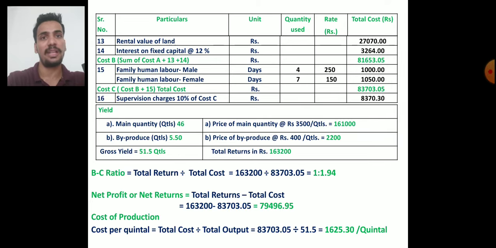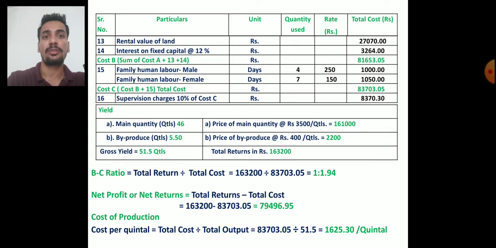So the formula for calculating total cost is: cost C is equal to cost B plus imputed value of family labor. So here we have taken the value of family labor: 4 males at the rate of 250 rupees wage rate, so it is 1000, and 7 females at the rate of 150 rupees per day, so here 1050.